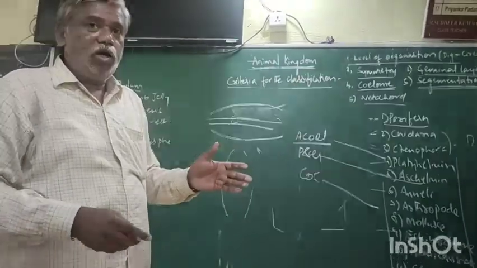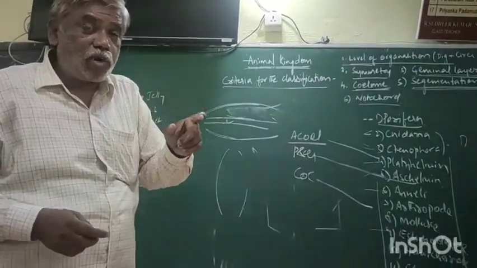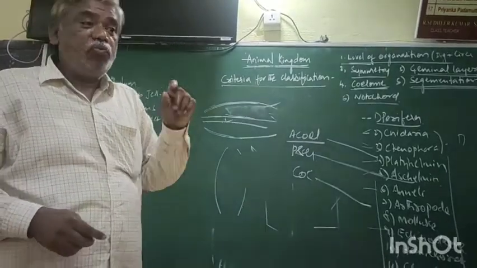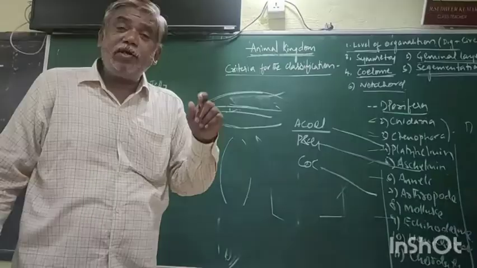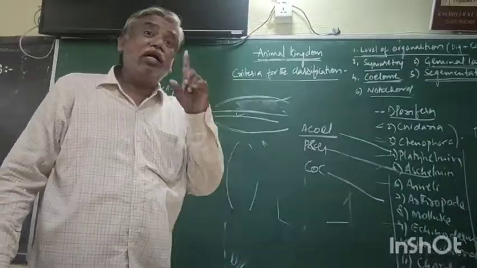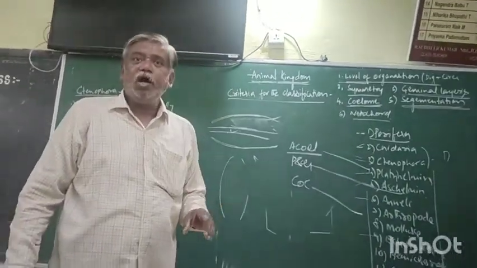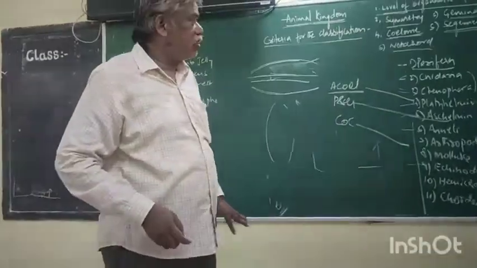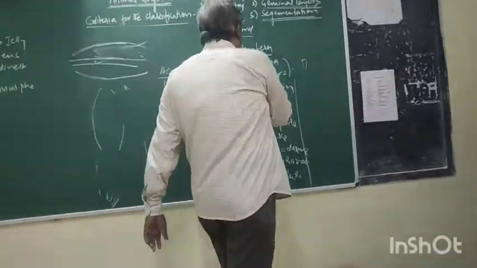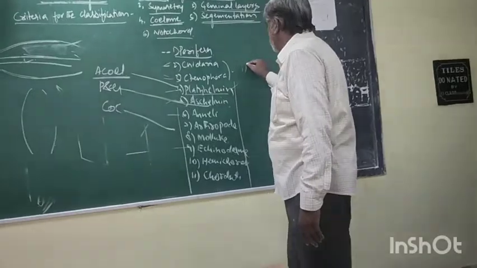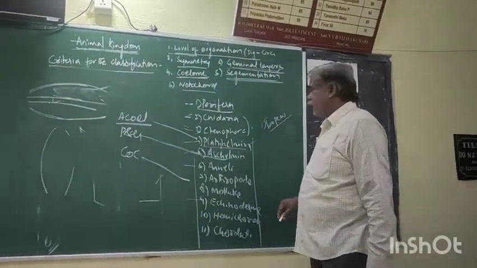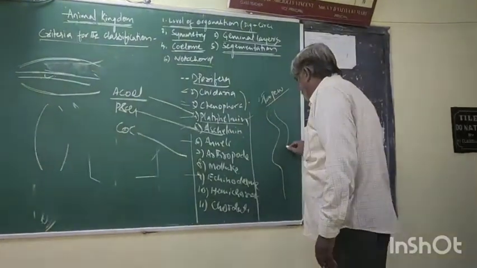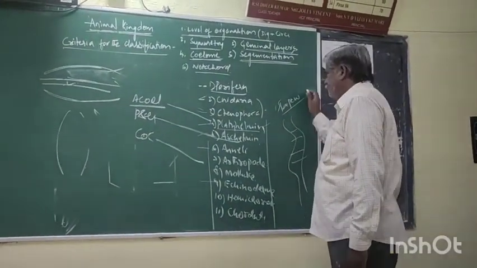Now, does each segment contain part of the body or the complete body? If each segment contains a part of the system, that is true segmentation. Suppose you take the flatworms, like the tapeworm Taenia solium. Taenia solium also contains segments.